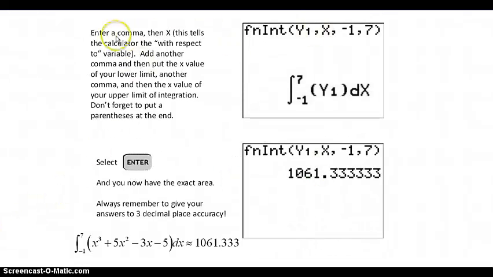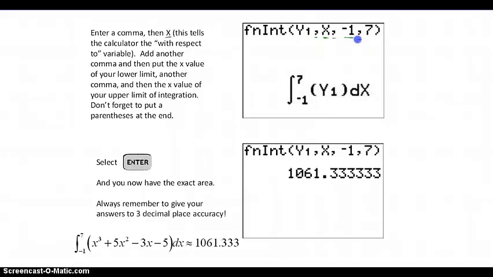So the next thing that you're going to do is enter a comma after your y1, and then you're going to tell the calculator with respect to what variable. Well, you entered y1 in terms of x, so you need to tell your calculator it's integrating with respect to x. You then add another comma, and you put your lower limit of integration, which should be a number.